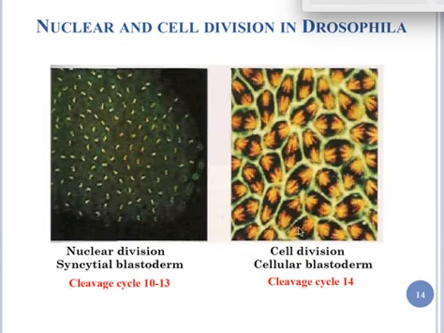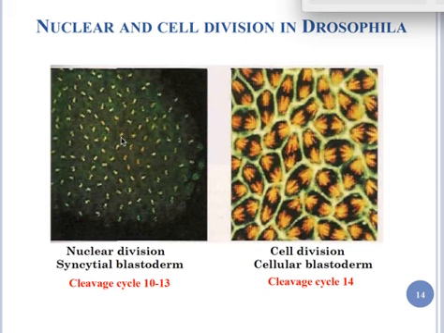So here we have two micrographs taken under a fluorescent microscope. The first one is taken from a syncytial blastoderm stage, so cleavage cycles 10 to 13, while the second figure is taken from a Drosophila embryo at the cellular blastoderm stage, cleavage cycle 14. It's easy to recognize that this stage is syncytial blastoderm and this one is cellular blastoderm.